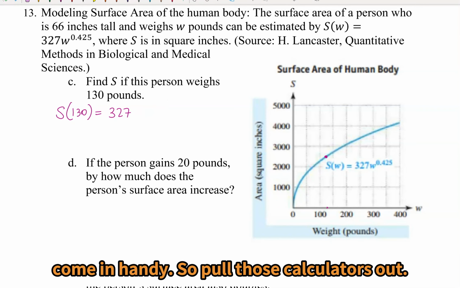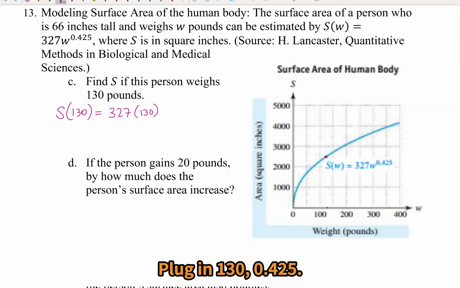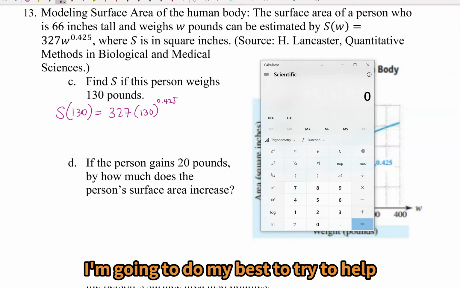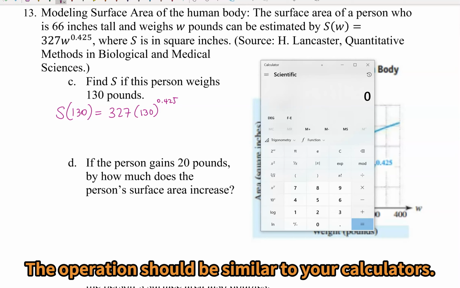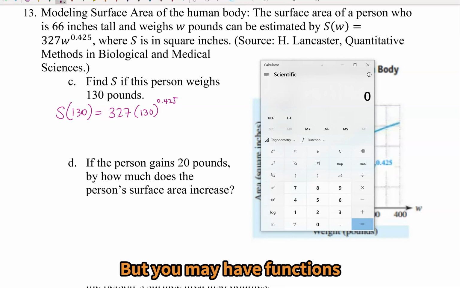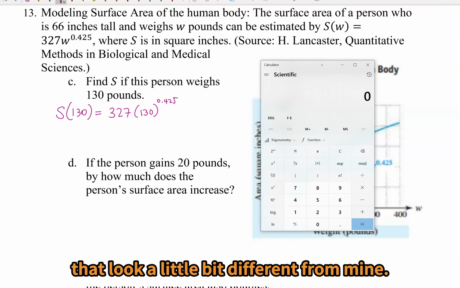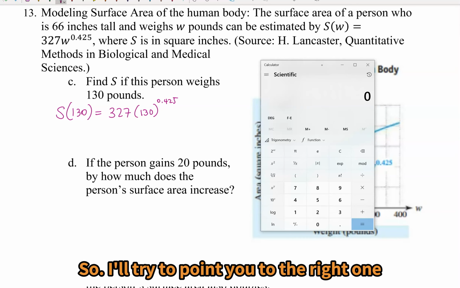So pull those calculators out. Plug in 130 to the 0.425. I'm going to do my best to try to help on the Windows Scientific Calculator. The operations should be similar to your calculators, but you may have functions that look a little bit different from mine. So I'll try to point you to the right one when we get there.